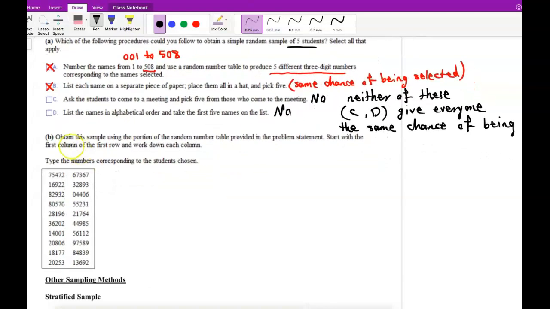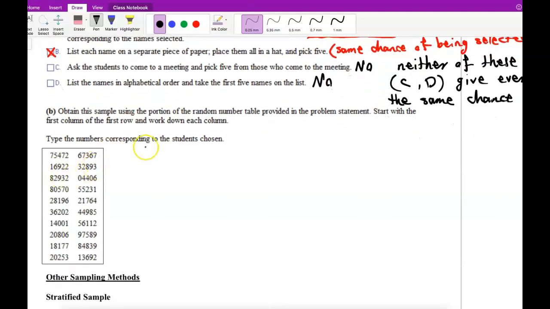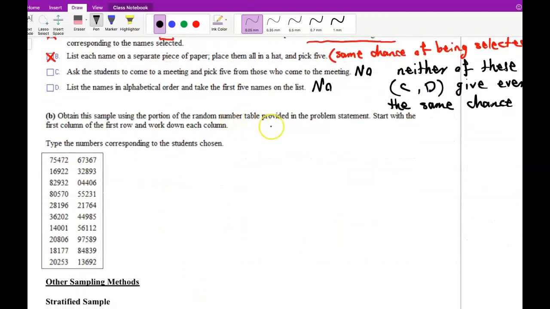Okay, part B. Obtain this sample using the portion of the random number table. So here again we have this table, same as what we had on the previous page, example number 2. The random number table provided in the problem statement. Start with the first column of the first row.